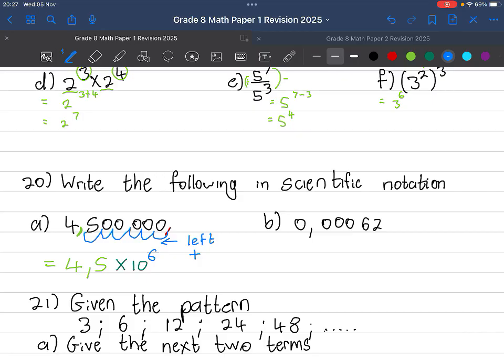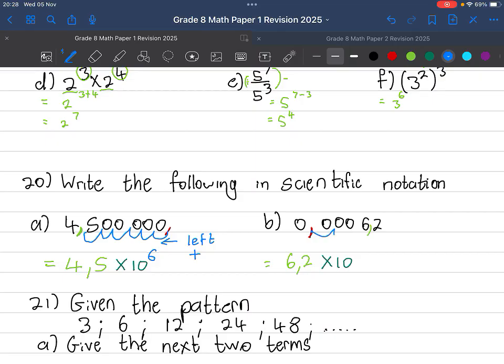Okay, now that we're done with the first one, let's try the next question. Our comma is over here. Where's the most relevant position? 6 comma 2. So let's put that down, 6 comma 2. The next part is constant. Now we need to know how many times it moves from the original position to the new position.